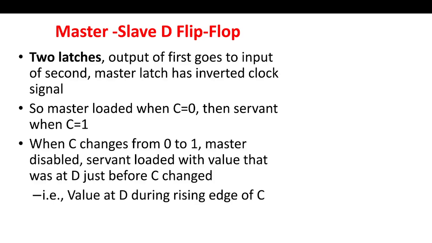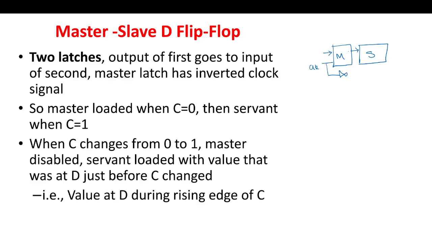Master slave D flip flop: two latches, the output of the first goes to the input of the second. So we have a master latch and its output goes to the input of the second, the slave, and we have a clock.